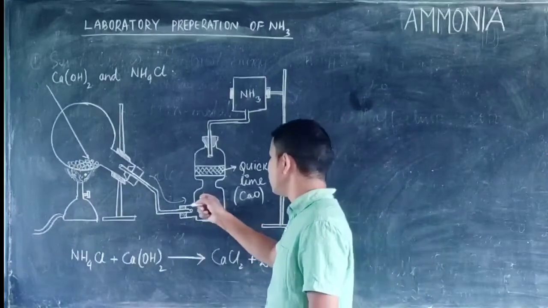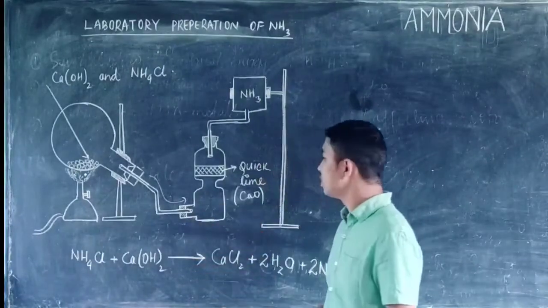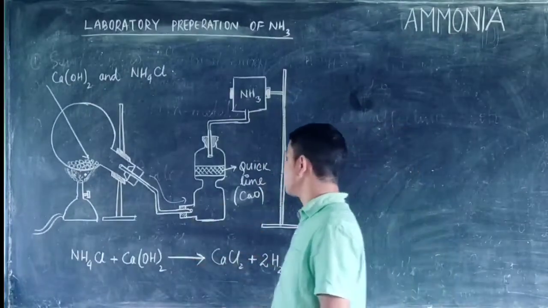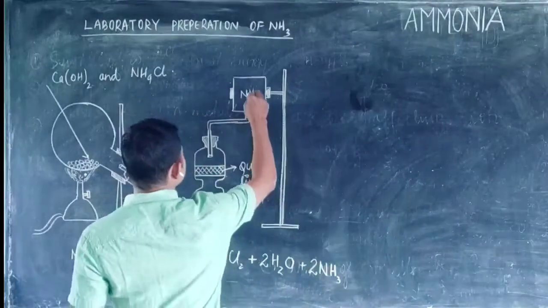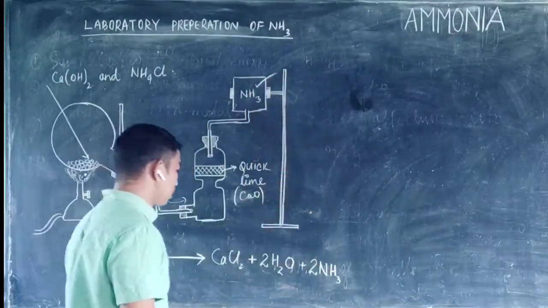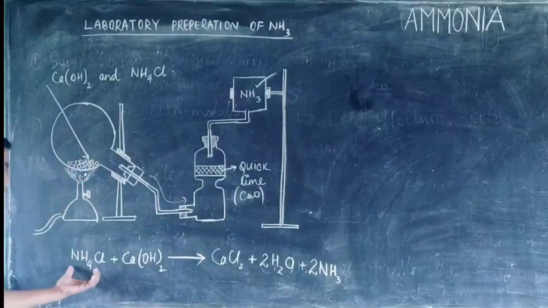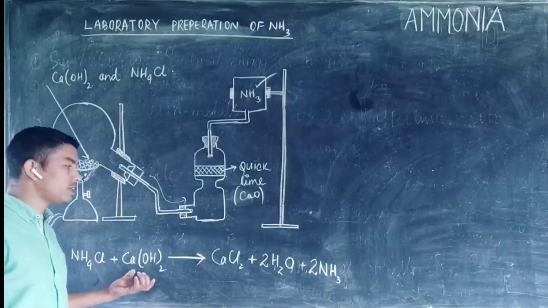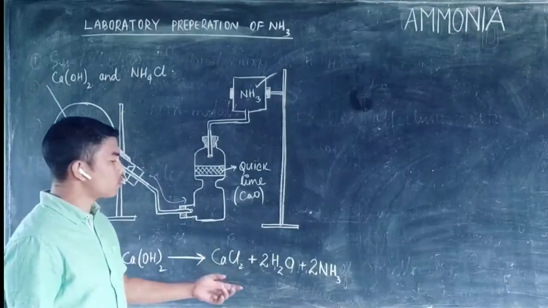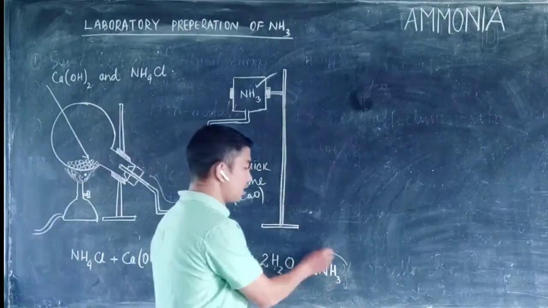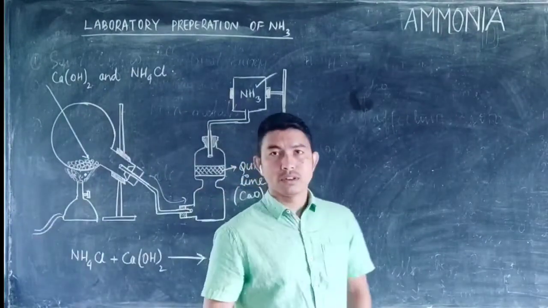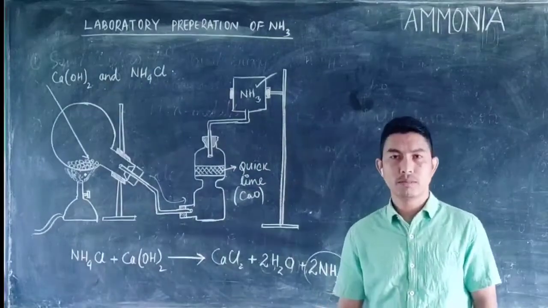So what does this tower do? This tower absorbs the moisture present in the ammonia gas, and in this way we obtain dry ammonia gas. The reaction proceeds as the ammonium chloride, when treated with calcium hydroxide, gives calcium chloride, water and ammonia gas. So this is how ammonia is produced in the laboratory.